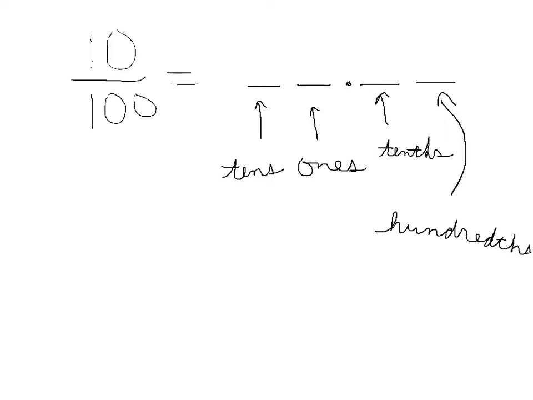So if I said this was 10 hundredths, I would write it here with a 0 in front. Now, this is how I know. Pretend like the decimal and the 0 weren't there, and just say this number.